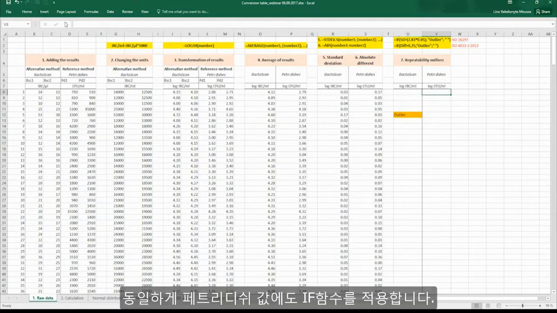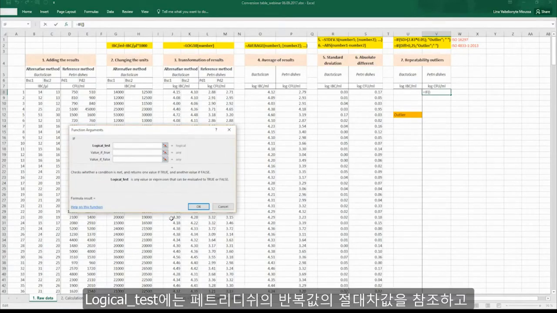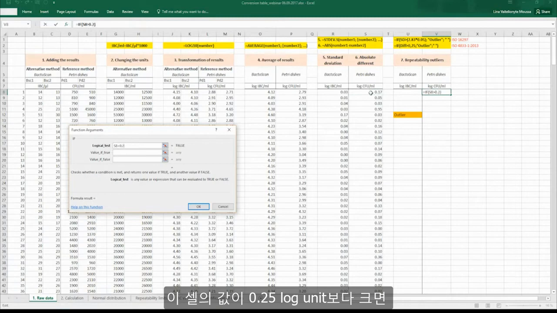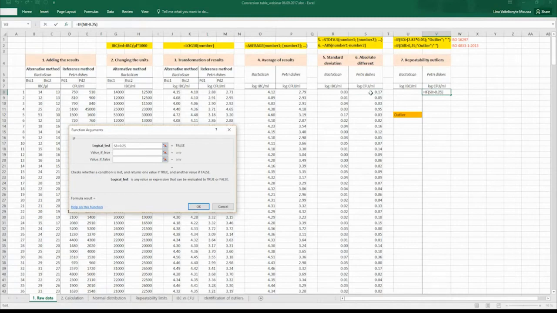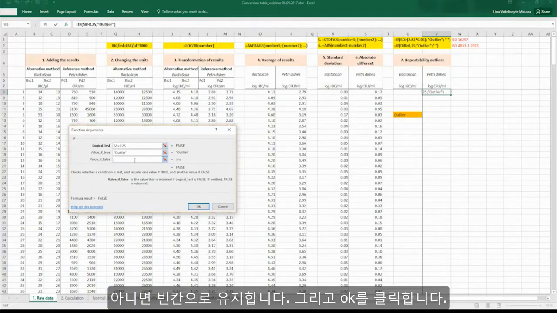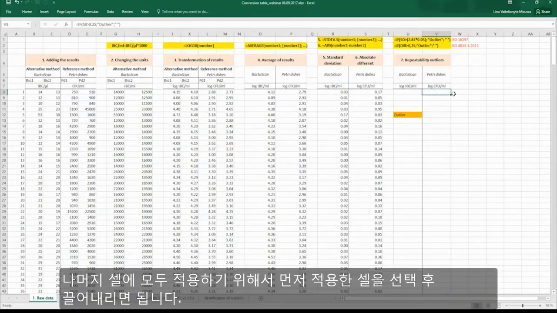The same function we are doing for the Petri dishes. So function IF, and the logical test would be absolute difference more than 0.25 log units. So if it's true, we have an outlier. If it's not, we leave the space and press OK. Mark the cell and drag it down.